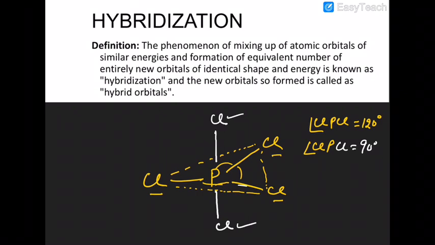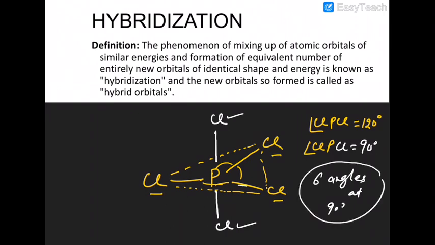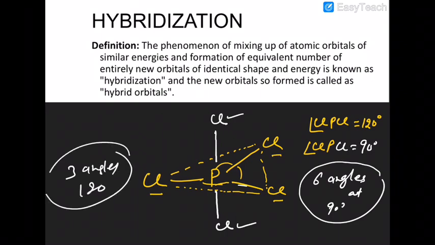So there are six angles at 90 degree and three angles at 120 degree.